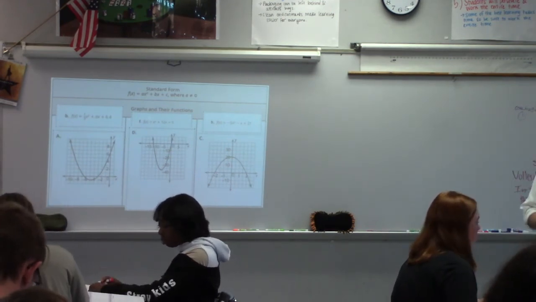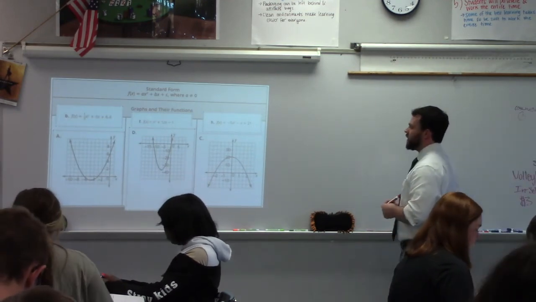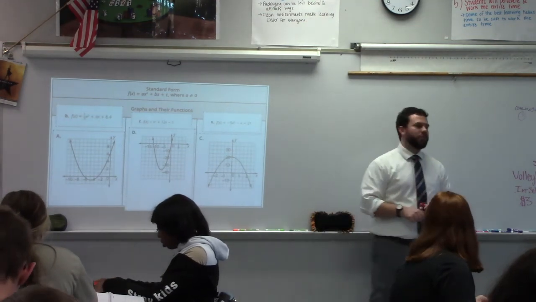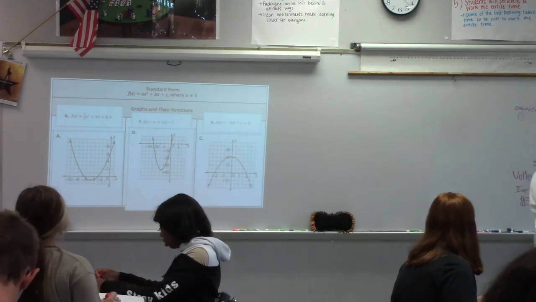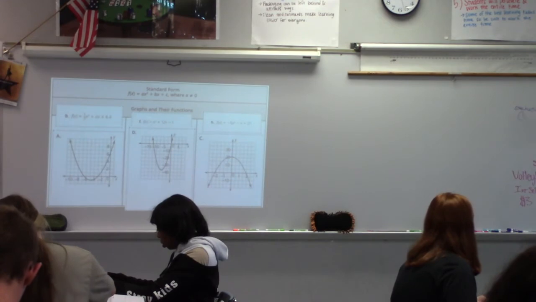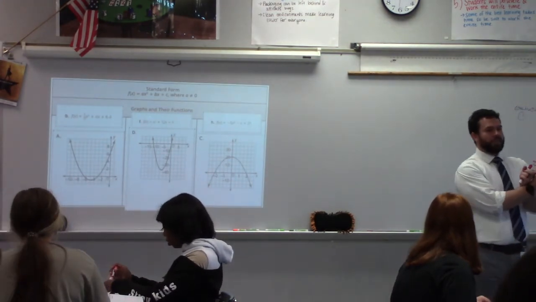Two quick things I want to point out: if we see standard form, what two features should we immediately look for? Well, we should look for an exponent because it tells us it's quadratic. Concavity is a feature of the parabola that we should look for.